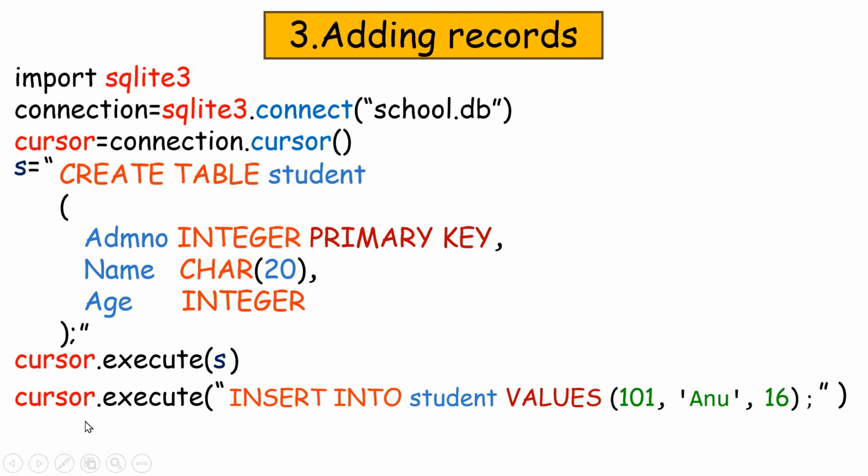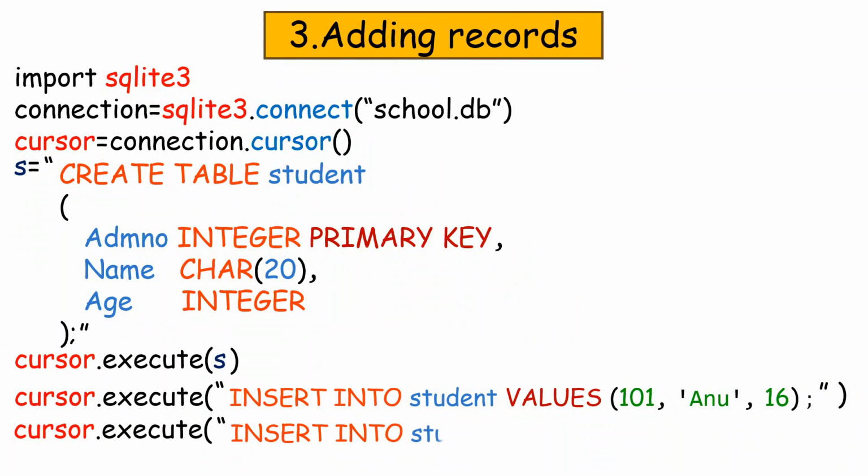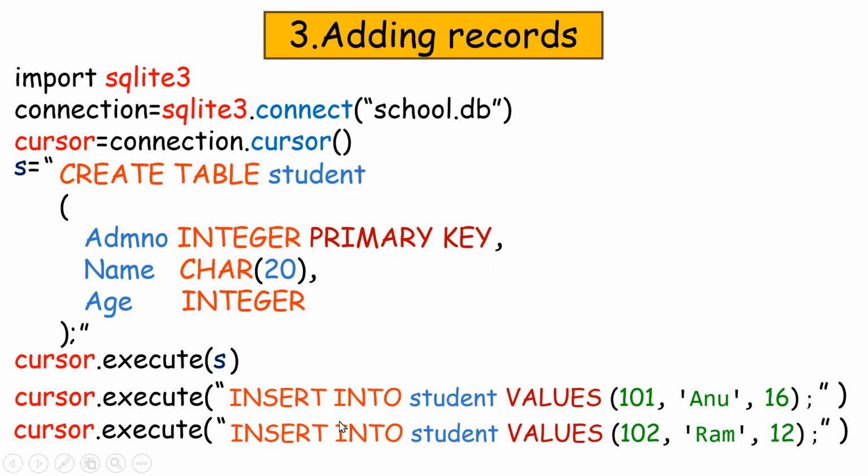To insert the second record, you write cursor.execute and within parentheses and within double quotes, insert into student values within brackets the next set of values. In this manner, you can insert any number of records to your student table.